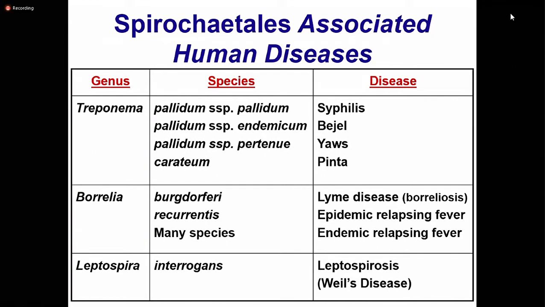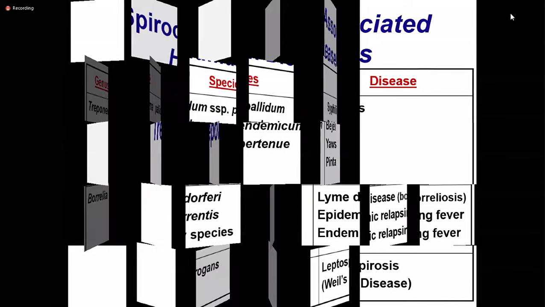This one causes what we call epidemic relapsing fever, and there are other species that can cause endemic relapsing fever. And then we have another genus called Leptospira interrogans, and this causes leptospirosis or Weil's disease. So these are the three main genera in the spirochetes group.